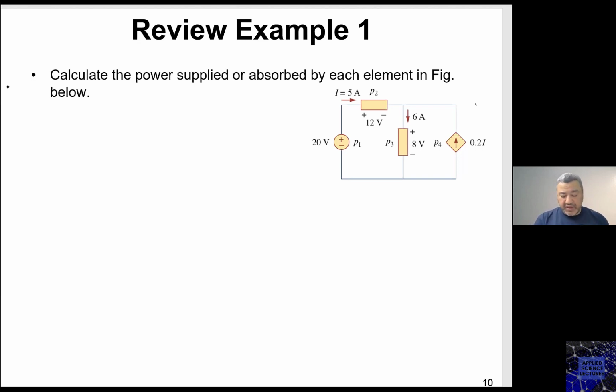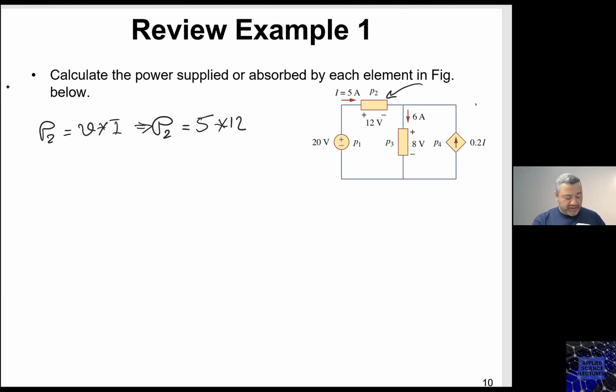So in this case, we have the current entering this component, whose power is given as P2. I have the voltage, I have the current, so P2 would be V times I, and P2 would be 5 times 12.